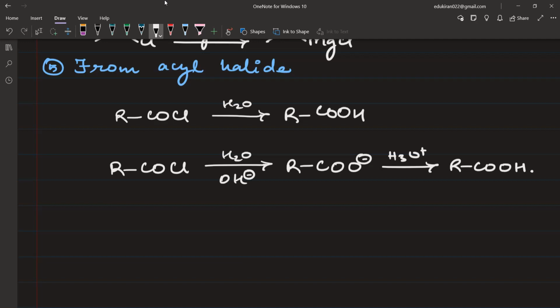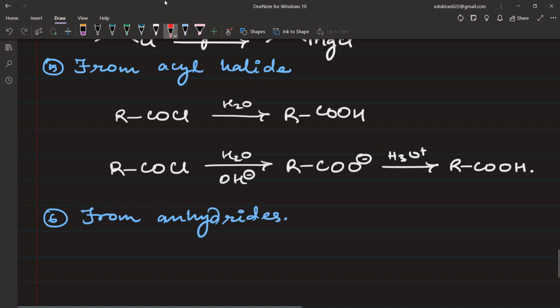Right, next from anhydrides, sixth one. In anhydrides also, we are going to do hydrolysis. First of all, what is the general structure of anhydride?